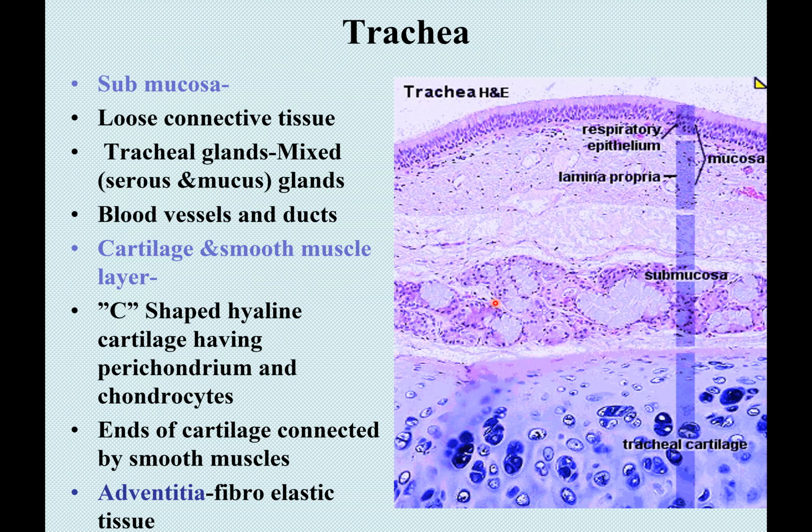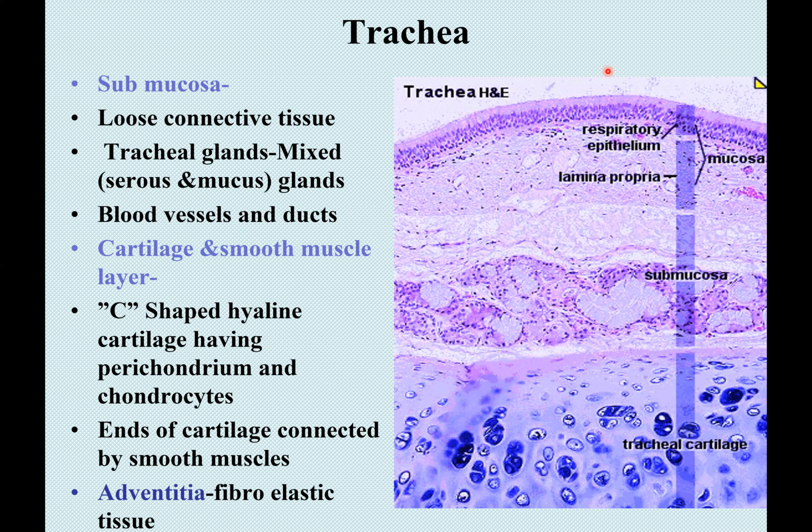These mixed glands are seromucous because of the serous and mucous secretions. Within the submucosa, because it's a connective tissue, surely there will be blood vessels. I told you the cartilage will also veer into the submucosa because cartilage is a special connective tissue. At the ending point of the cartilage, the trachealis muscle will continue.